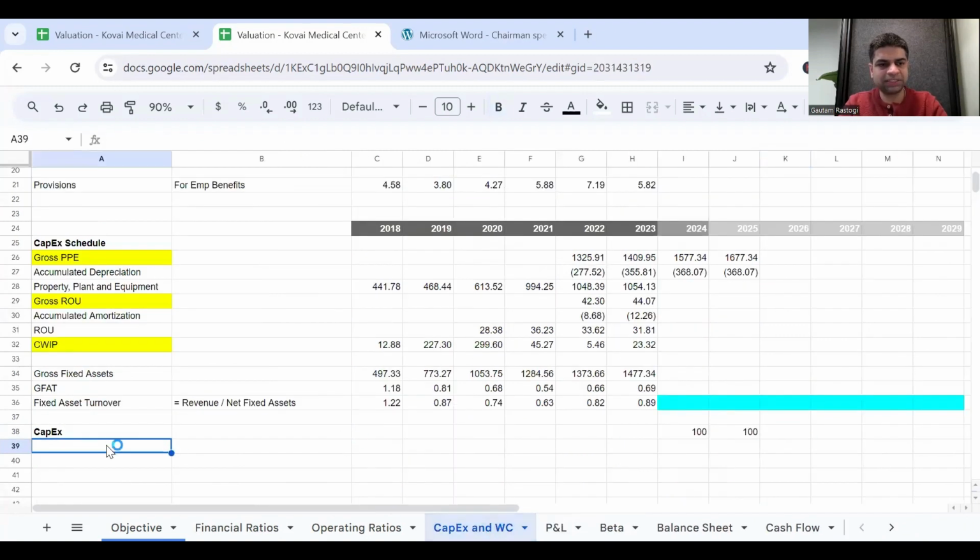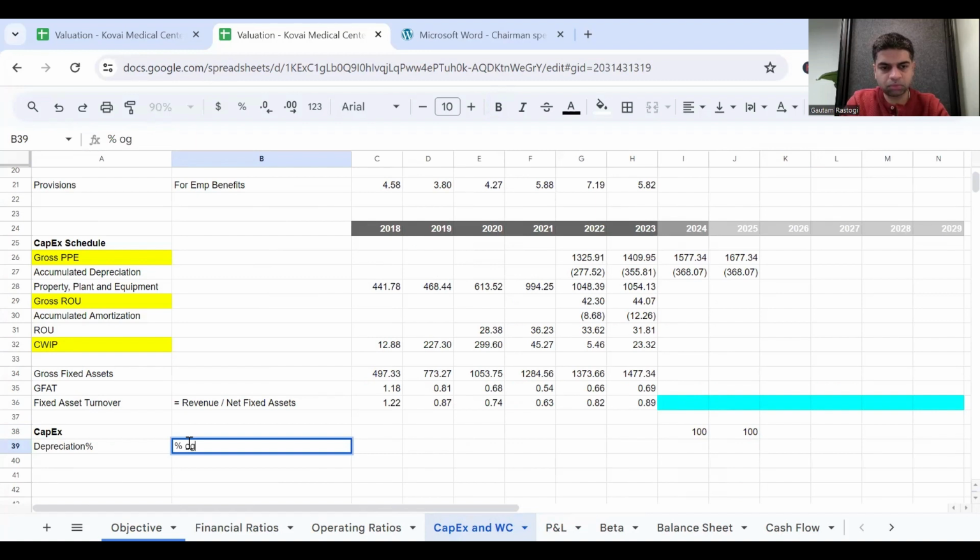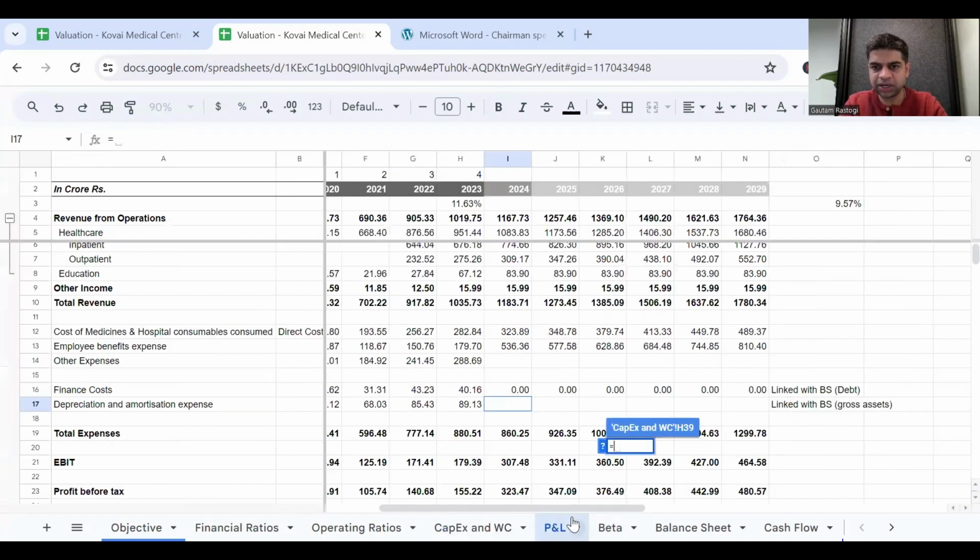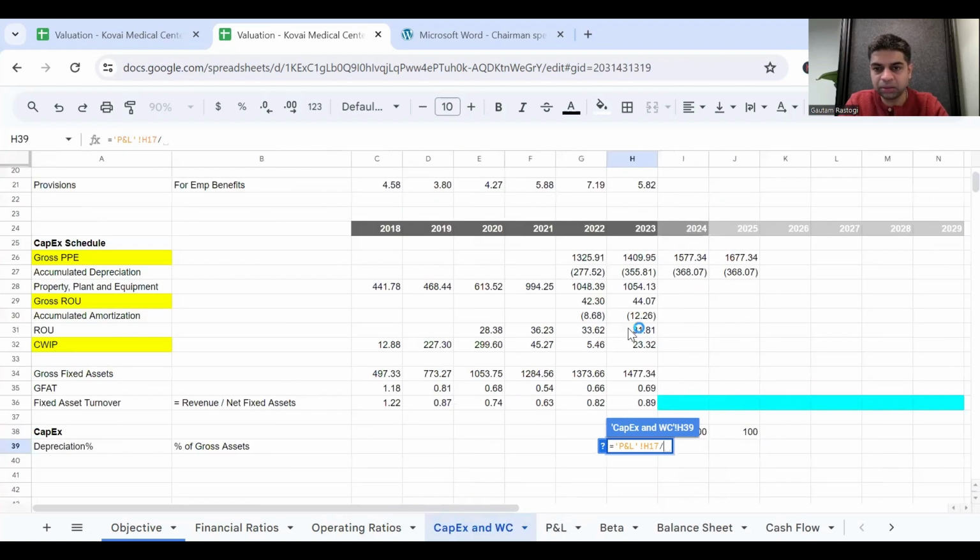So depreciation percentage of gross assets equals what is my depreciation in year 2023? Overall, it is this 89.13, divided by my gross assets, which is gross PPE.